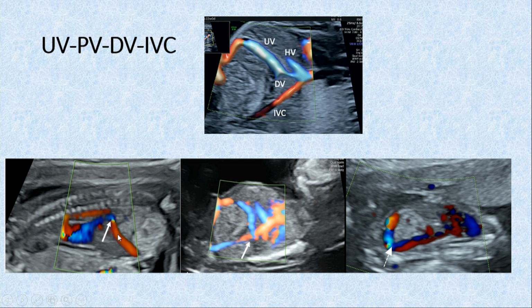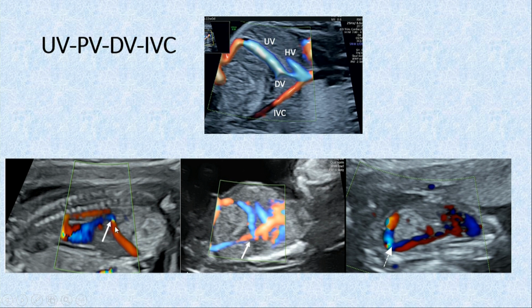So what happens at times, the umbilical vein does not go to this part of the inferior vena cava. It may directly get attached here, and when it gets directly attached here, it is an anomalous drainage.